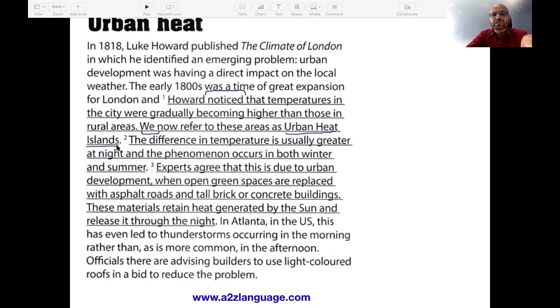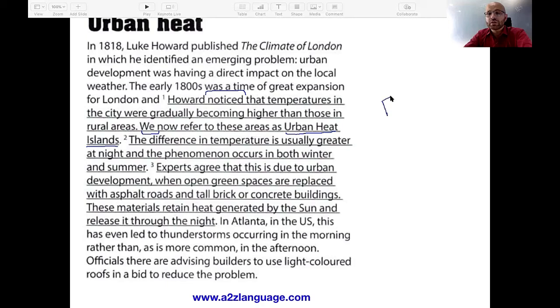The message of this sentence is that it is not Howard who noticed, discovered or created the term urban heat island. It is we who are referring to it now, which means not in the time of Howard. So this question is false.